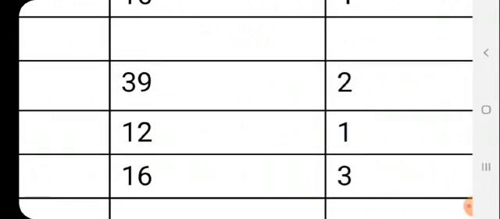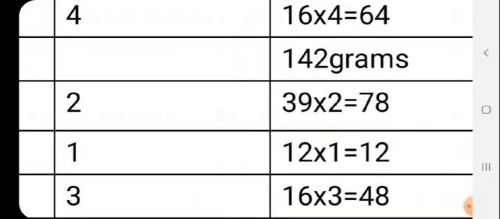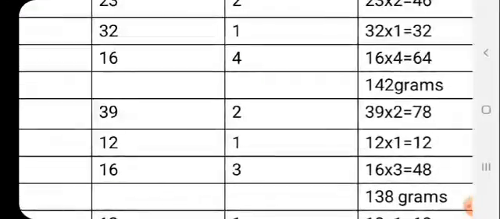Here it is mentioned. Now atomic mass is multiplied by number of atoms. 39 is the atomic mass of potassium multiplied by number of potassium atoms and that is 2. Then 12 is the atomic mass of carbon and it is multiplied by number of carbon atoms and here it is 1. 16 is the atomic mass of oxygen and number of oxygen atoms are 3. So we will get 39 multiplied by 2 is 78. 12 multiplied by 1 is 12 and 16 is multiplied by 3 and it is equal to 48.